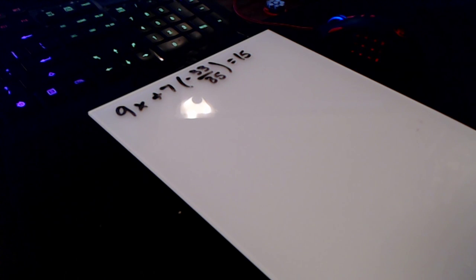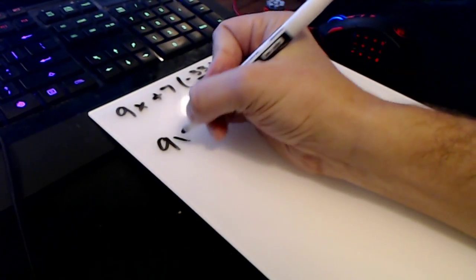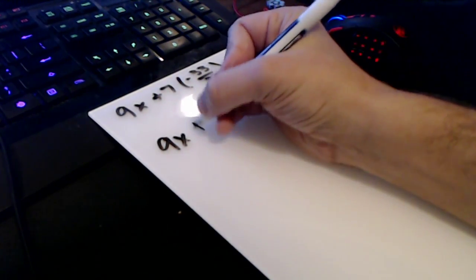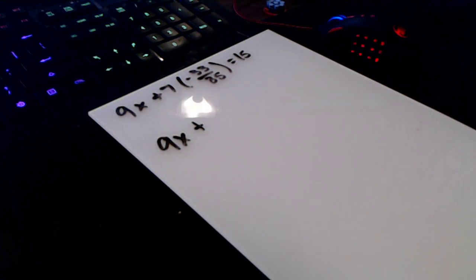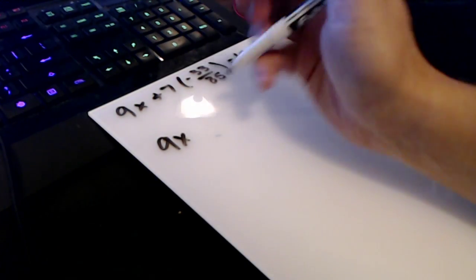So, if we're working this out, let's make sure we got this. Negative 33 times 7, we get a negative 231. So we have 9x plus, and we'll go ahead and change this to a decimal, divided by 35. And that gives us a negative 6.6.